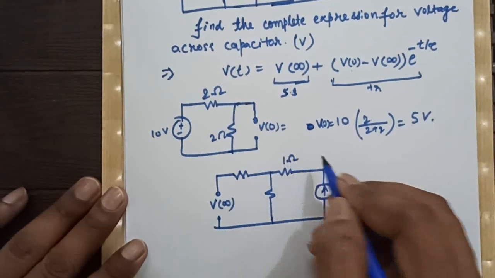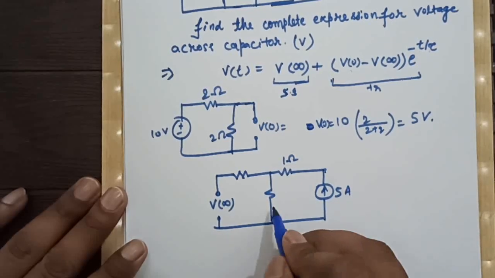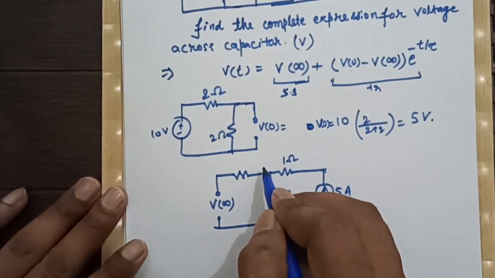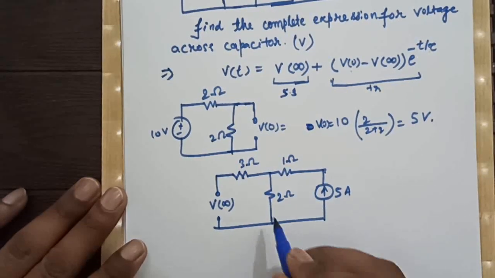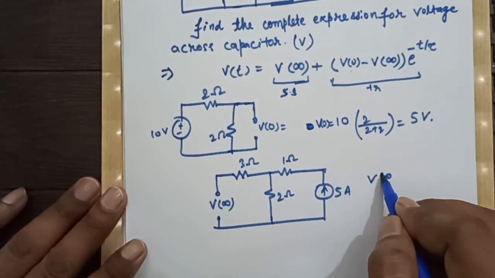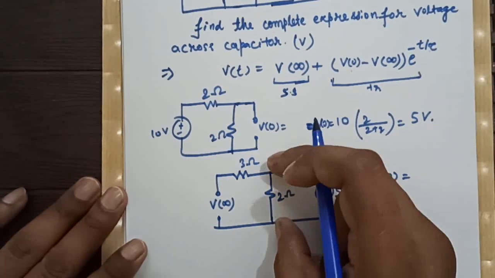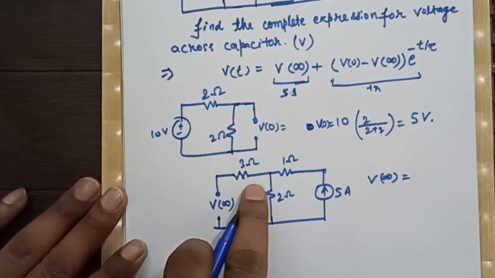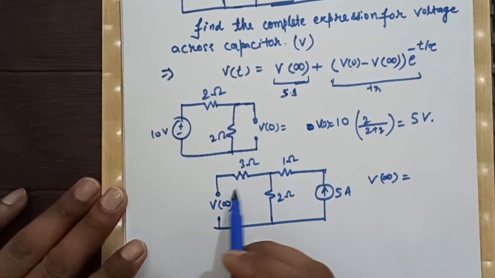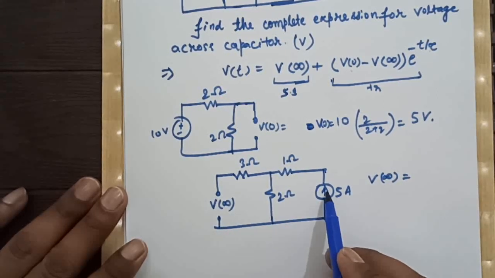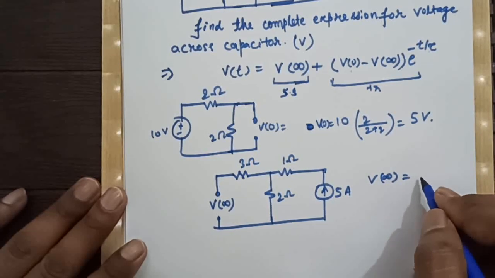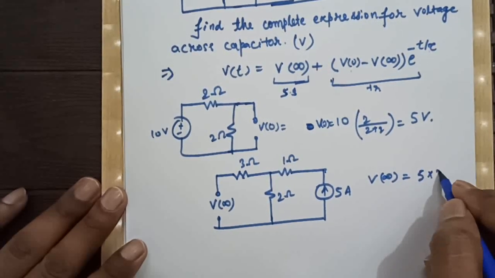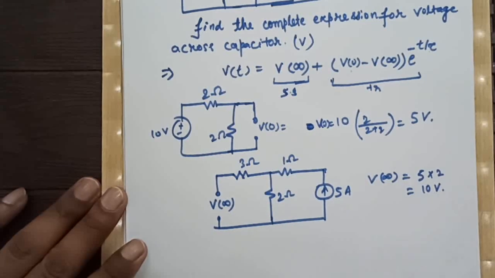This is 1 ohm, this is 5 ampere, 2 ohm, and this is 3 ohm, isn't it? So what will be the V infinity? V infinity will be the voltage drop across this 2 ohm, because here no current will flow through this branch. So this whole 5 ampere will go through this 2 ohm. So our V infinity will be 5 ampere multiplied by 2 ohm means 10 volt.